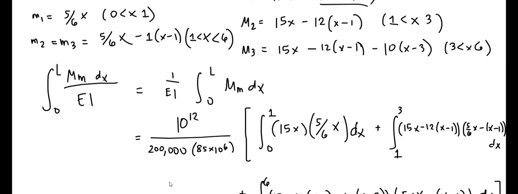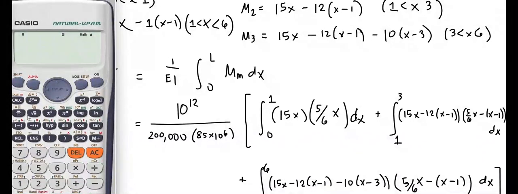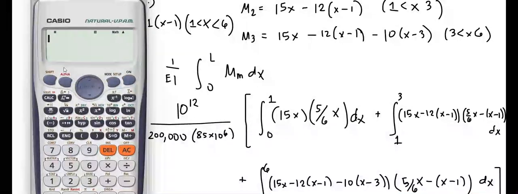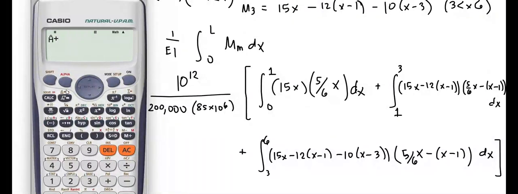Once we have our equation, let's put that into our calculator. So beginning with the first integral, let's store this into our first variable, that is variable A, and then we add this up to the next integral, and then we store this variable in A, and then we add this up to the last integral.